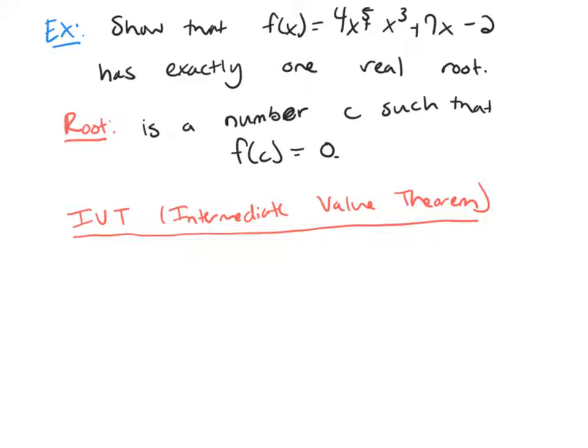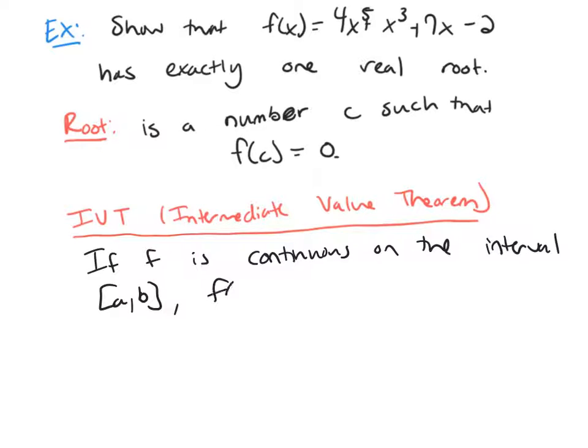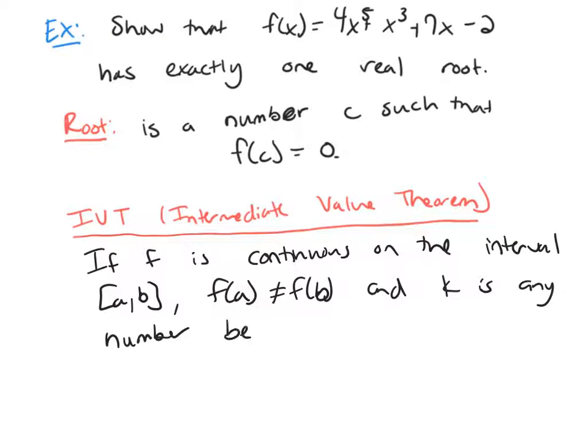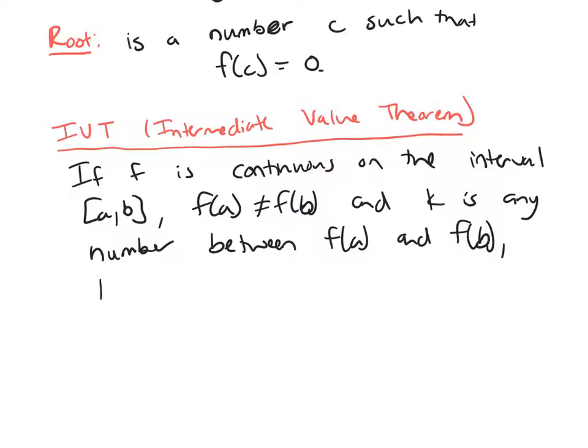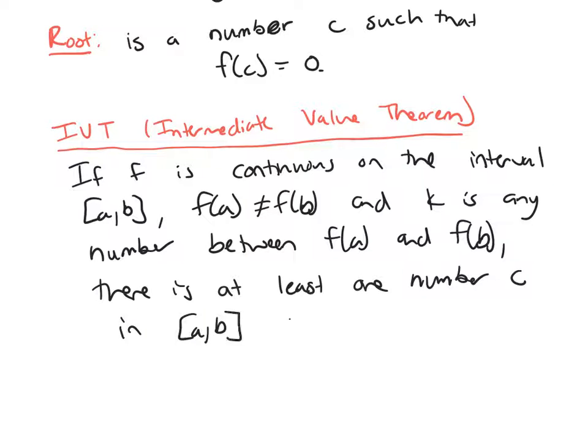It says if f is continuous on the interval a to b, and if f of a is not equal to f of b, and k is any number between f of a and f of b, there is at least one number c in your interval a to b such that f of c equals k.